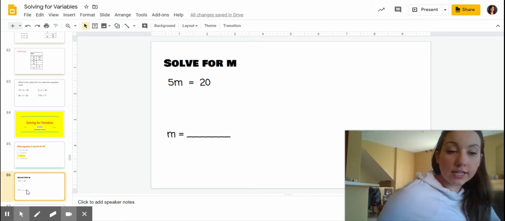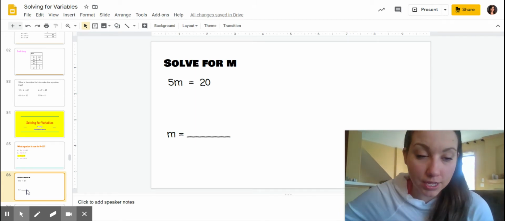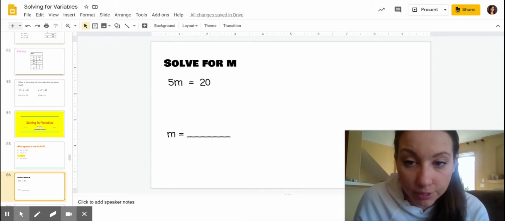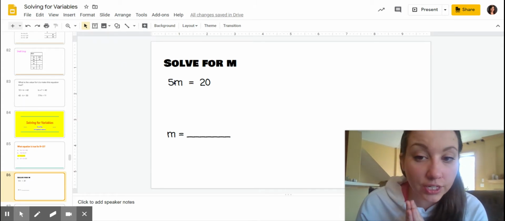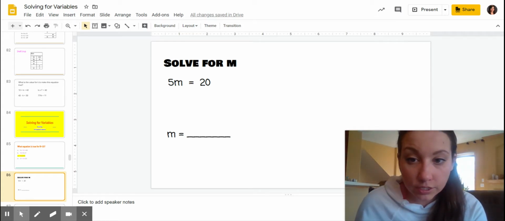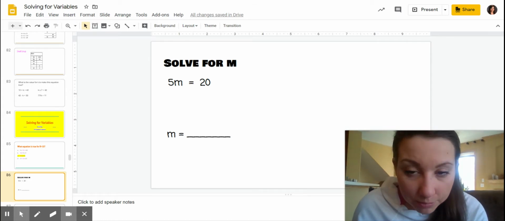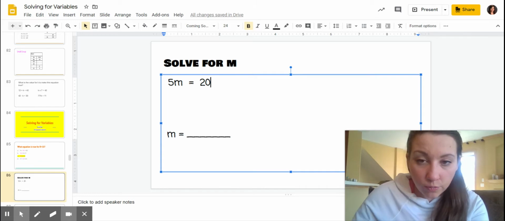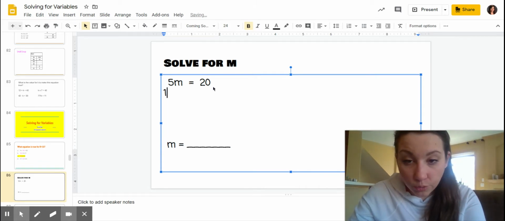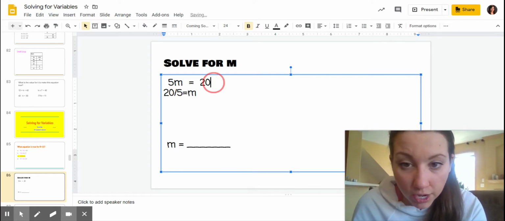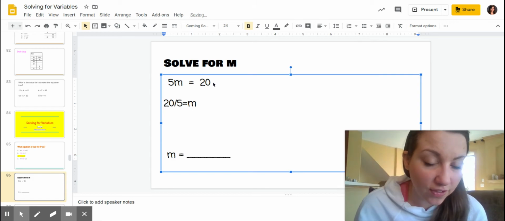Now, this equation says solving for m. I remember that when a letter is touching a number, it's the same thing as saying times. So 5 times something equals 20. One way I could solve for this is 20 divided by 5 equals m. It's rewriting that fact, like a fact family.